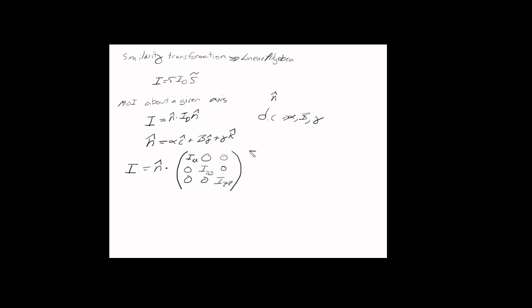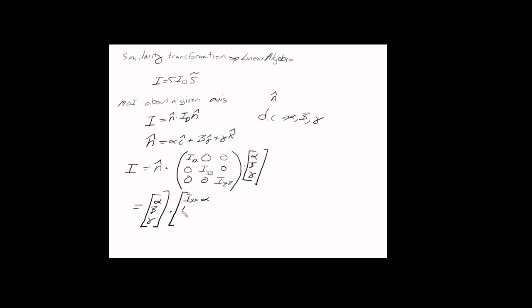Now we're going to be dotting or multiplying by this matrix written in vector form, which could be given like this. Cool. So this is also given by alpha, beta, gamma, dot.